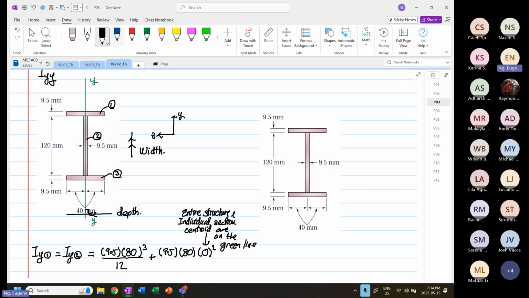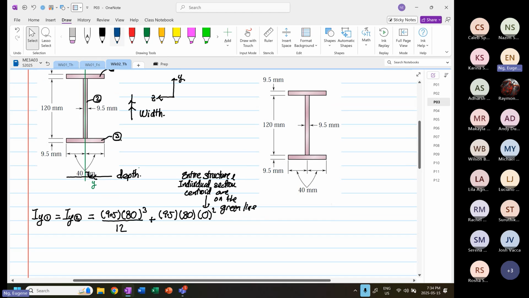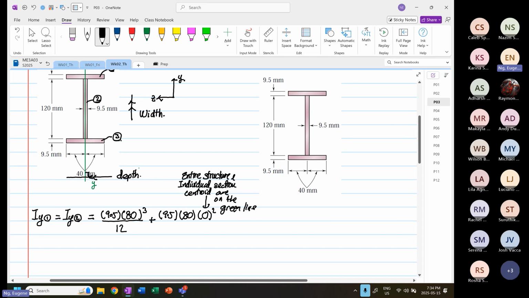The individual centroid and the global centroid are in the same position, so it's equal to 0.